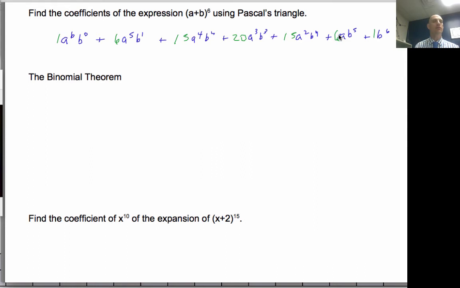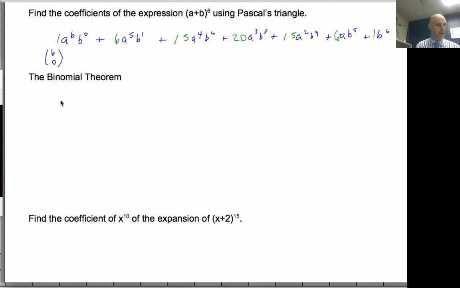You define the coefficient by the row of Pascal's triangle, or you could do 6C0. That's it, guys. That's all there is to it. Binomial theorem helps me define this.